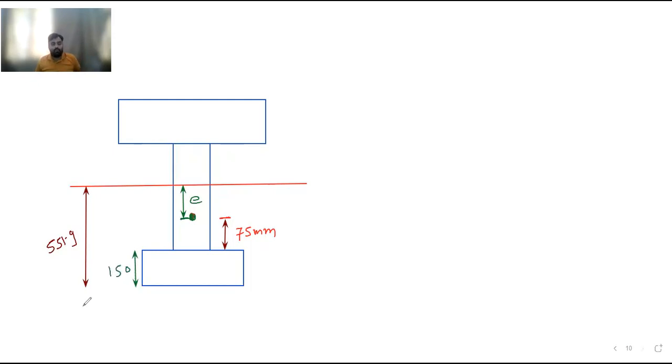Now you tell me how you will calculate the eccentricity. Calculation of eccentricity: e is equal to, from this total I will minus this 150, I will minus this 75, I will get this. So it is 551.9 minus 150 minus 75.